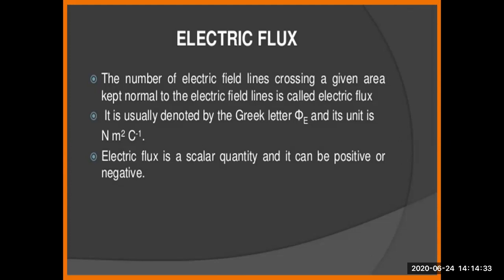But here it is clearly mentioned that electric flux is a scalar quantity, and it may be positive or negative. So if there is an MCQ, fill in the blanks or true false statement, this single line will cover the three aspects: scalar, positive or negative.